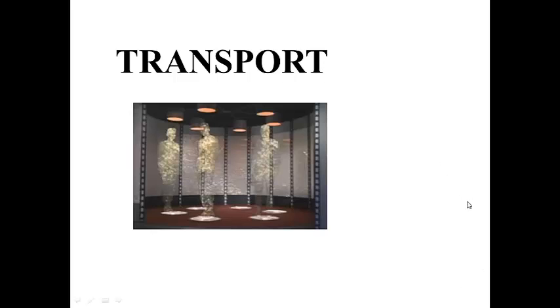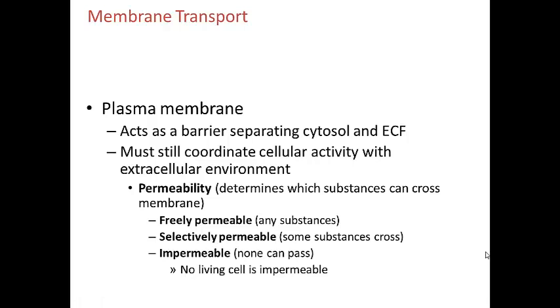Let's go to another world and talk about transport. Obviously, we are multicellular organisms, and one of the things that makes us a living organism is that ability to separate our environments for our health and safety.